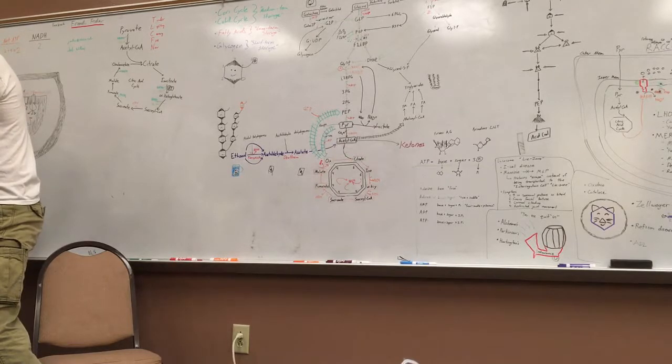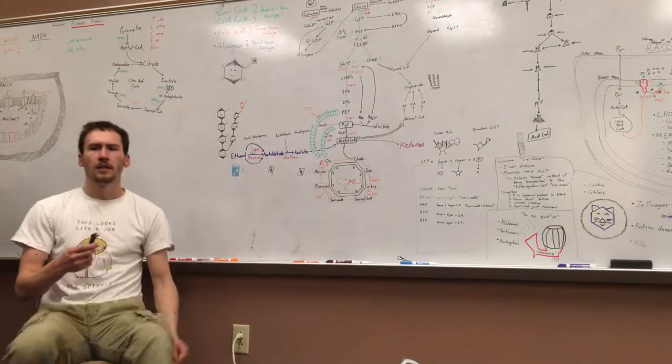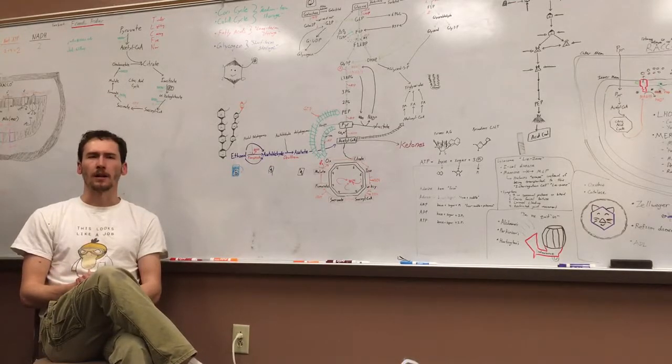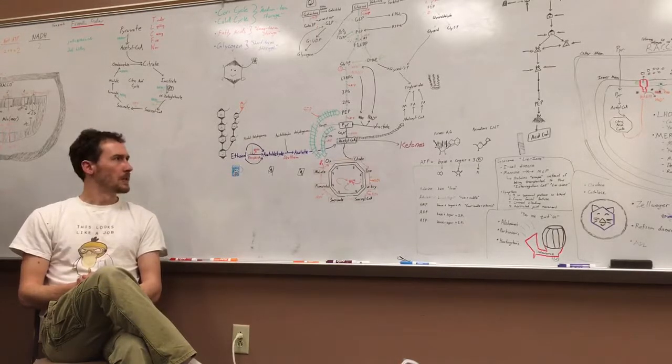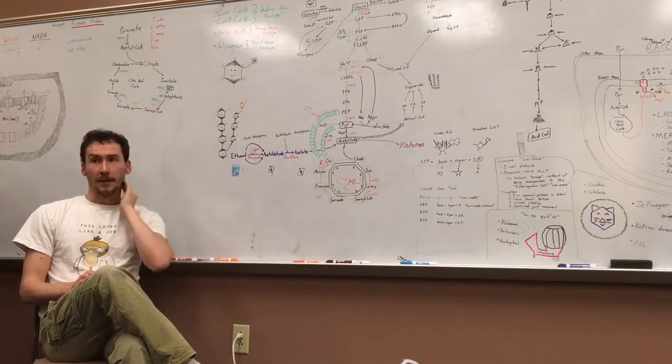Let's see. So that'd be vitamin B3. So if you gave somebody a bunch of vitamin B3 and they were a chronic alcoholic, as far as I know, it seems like that would help, but I don't know.